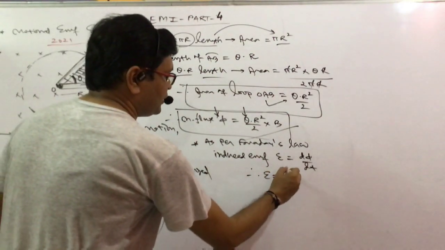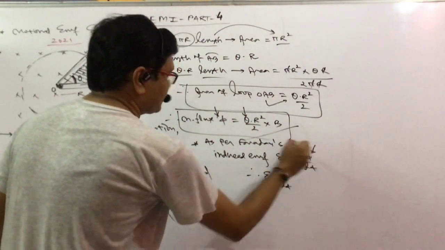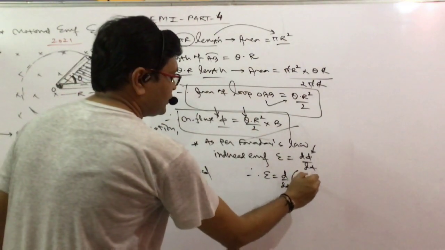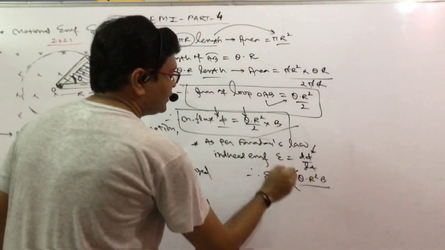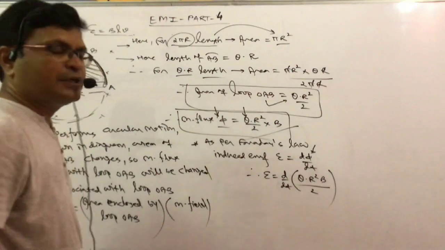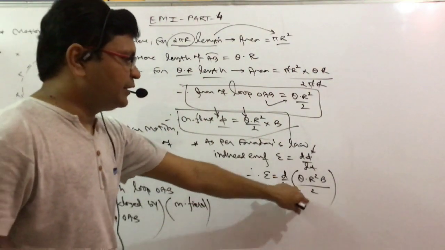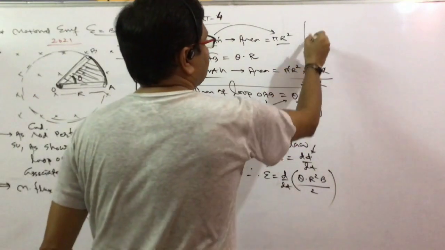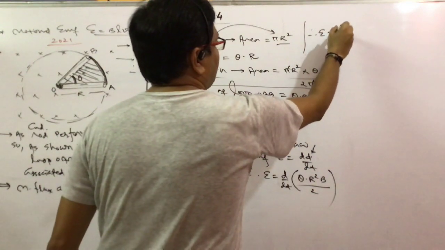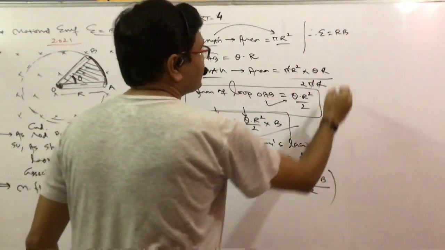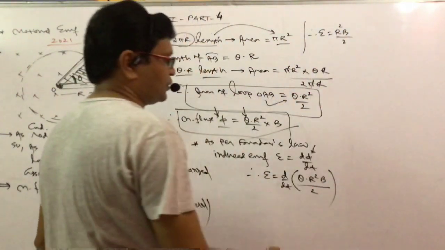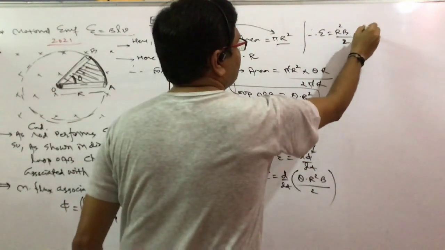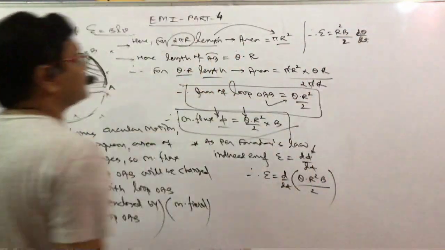So epsilon is d by dt of the magnetic flux phi, which is already with us: theta into r square b upon 2. In this entire equation, r square into b upon 2 is constant, because only one quantity continuously changes, which is theta.